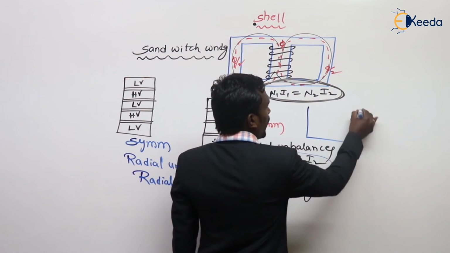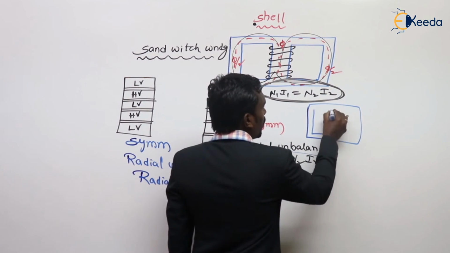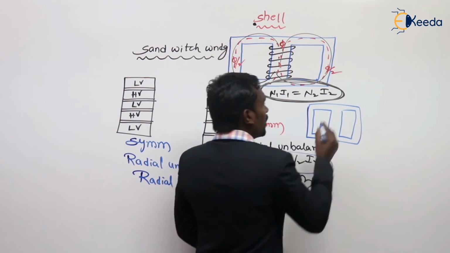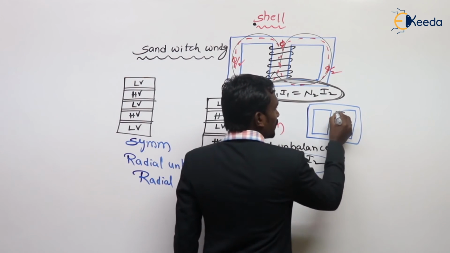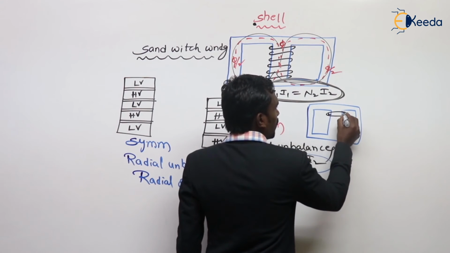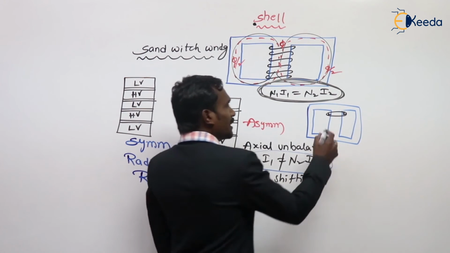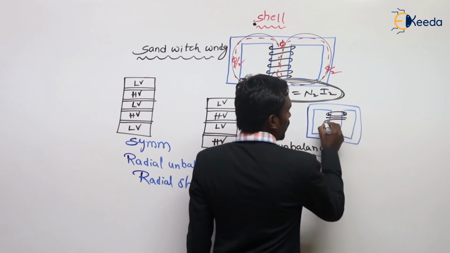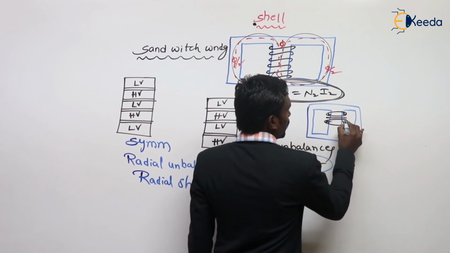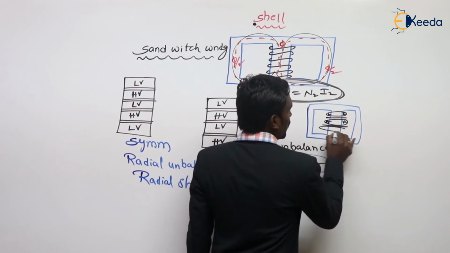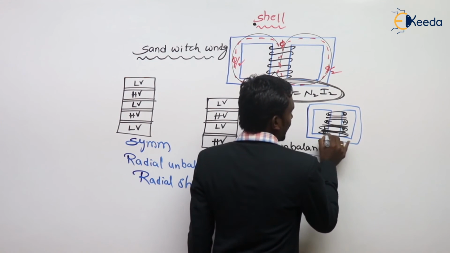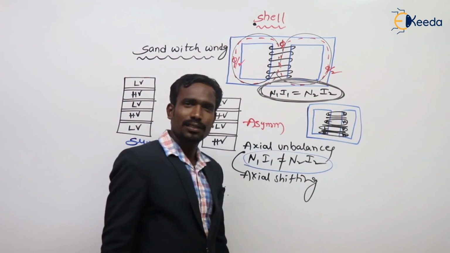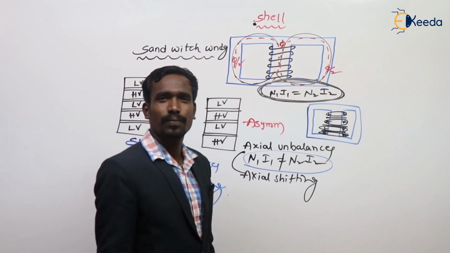How is the sandwich winding arranged? See here. For example, shell type is like this. Here first we place the winding, which is for example LV. Then after insulation, again HV, then after insulation, again LV, then after insulation, again HV, like this is the winding procedure.